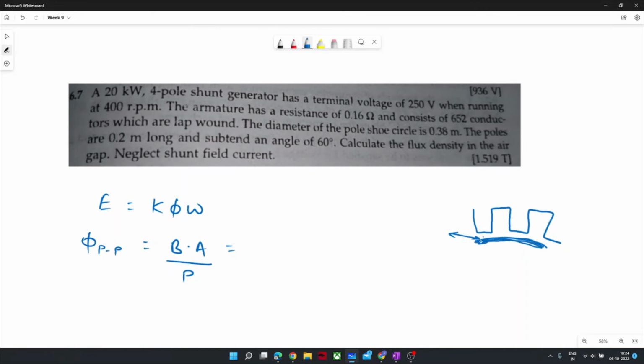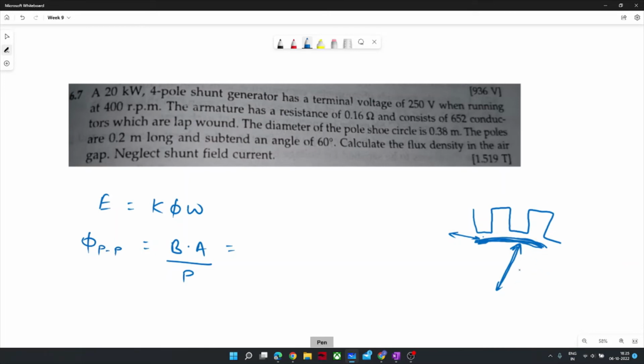So for one pole pitch, this circumference and this length will correspond to our area, and this is considered as our D, and that D is known as the stator bore diameter or radius.